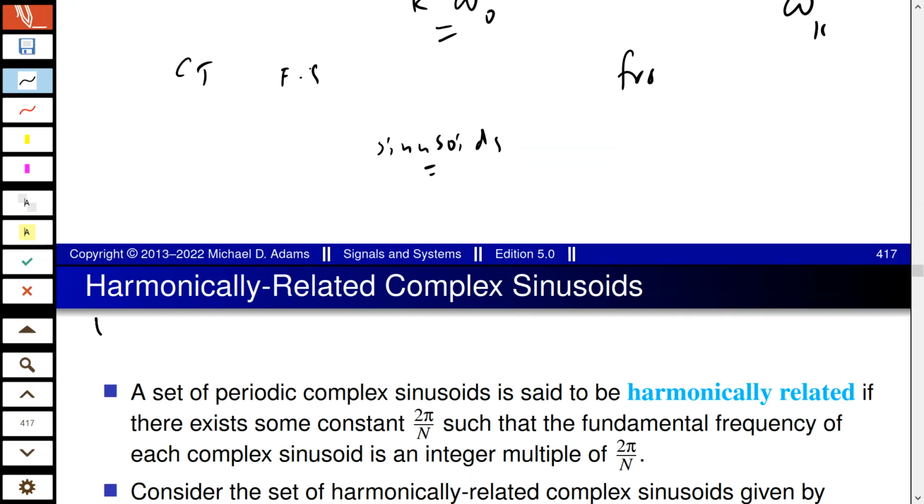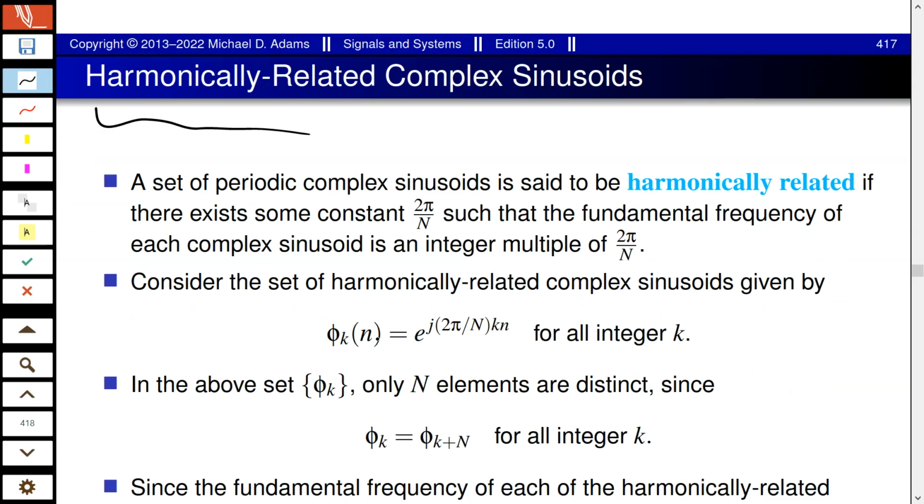They're called harmonically related complex sinusoids. So a set of periodic complex sinusoids is said to be harmonically related if there exists some constant. Now this constant, if you think about it, looks very similar to 2 pi by T, remember? And that was our omega naught. So this will be our capital omega naught. This is our discrete time fundamental frequency.